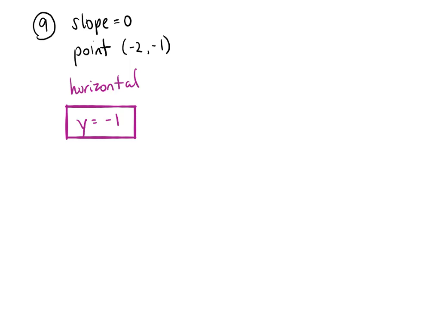Let's do point slope form. It would be y minus y1 is equal to m times x minus x1. But then you would get y plus 1 is equal to 0, we get y is equal to -1. So no matter which method that you use to get there, you should get the same answer.